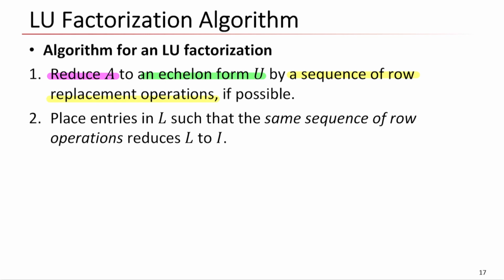If it is not possible to derive the echelon form U, the original matrix A cannot be decomposed into matrix L and matrix U. And then place entries in L such that the same sequence of row operations reduces L to I. What does it mean?